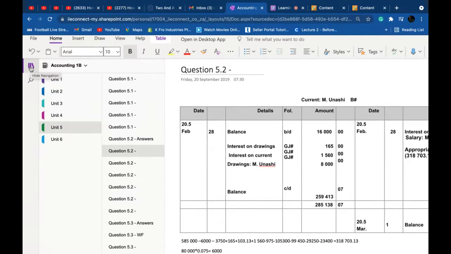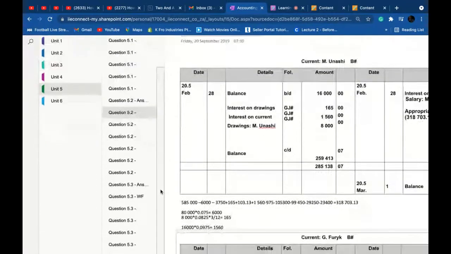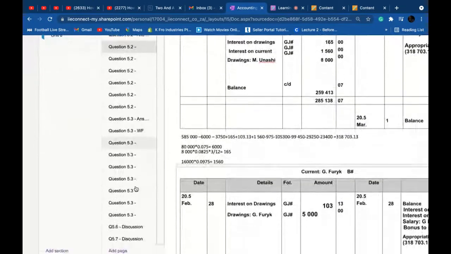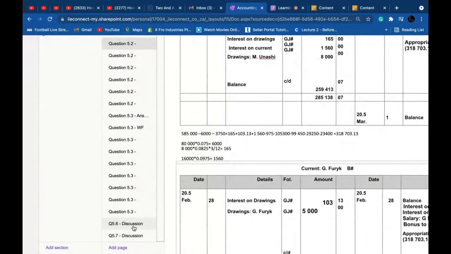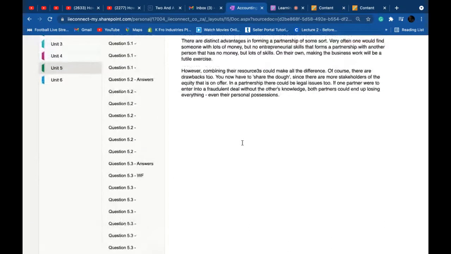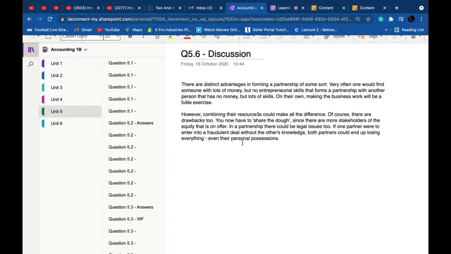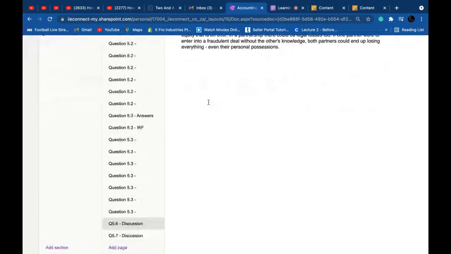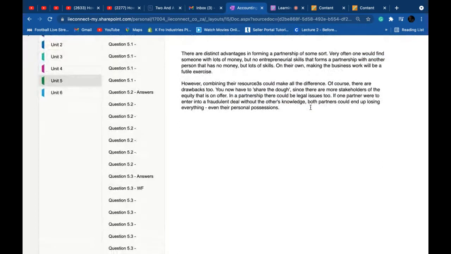We're only using the profit to see how much we're distributing to the partners, or how much we're distributing in terms of the losses that need to be covered. Okay, but that's it. That is your Unit 5. I want us to touch on question 5.6, find out what they're asking there, and then touch on the last one, I think 5.7, sorry.